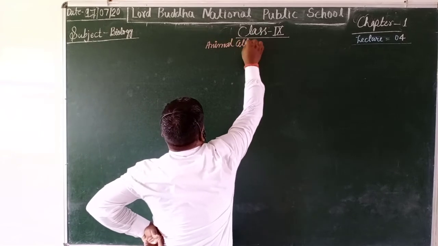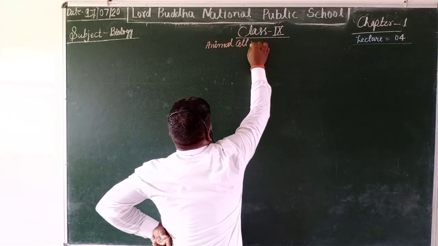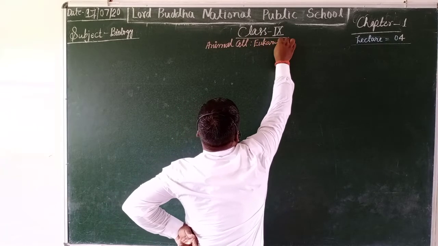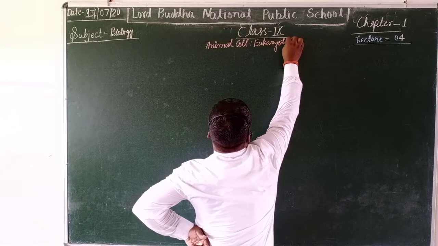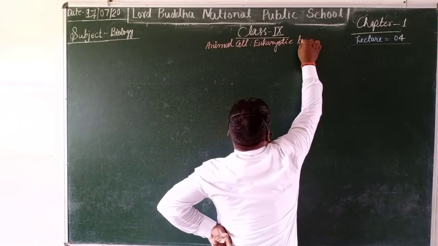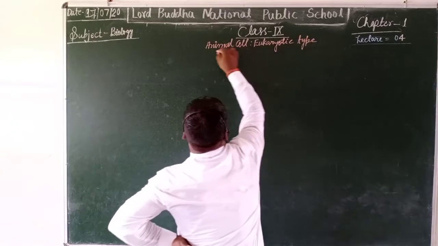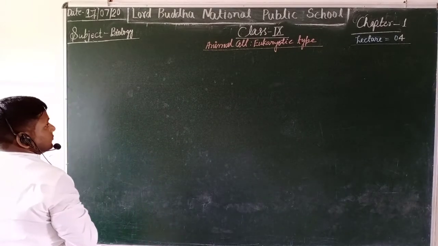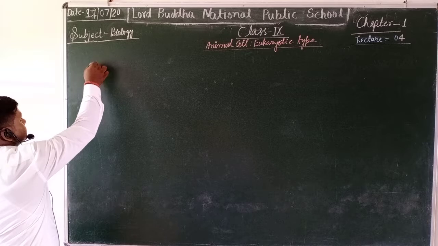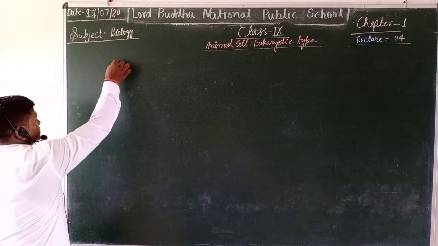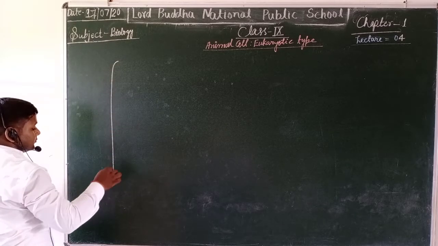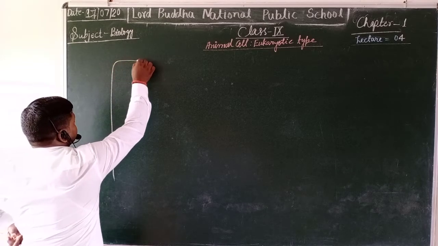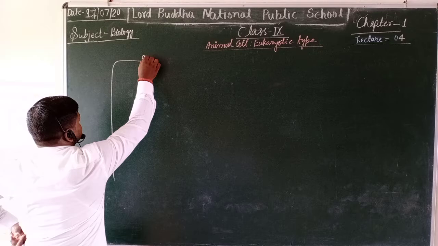Animal cell, eukaryotic type. This is the outermost layer of the cell.